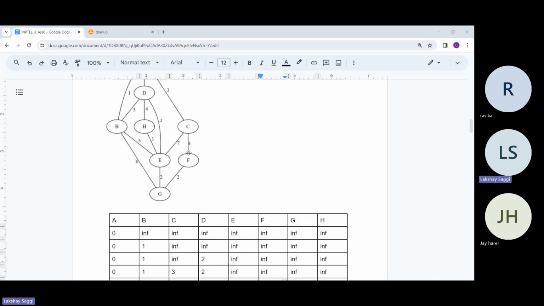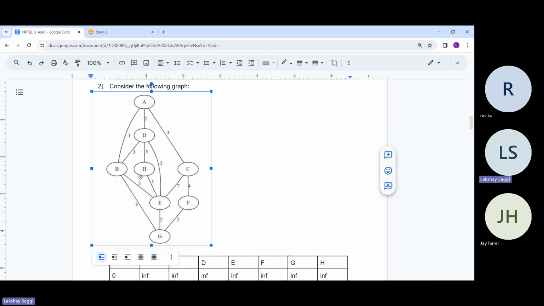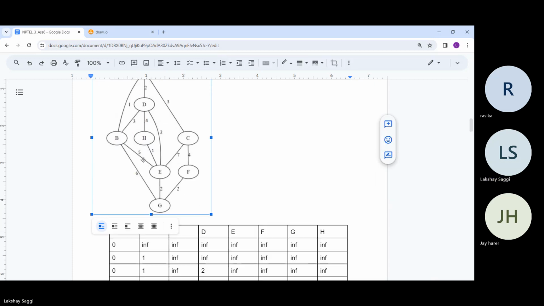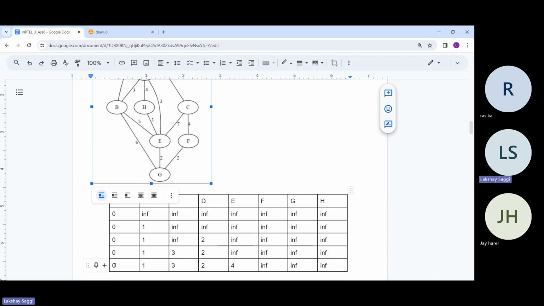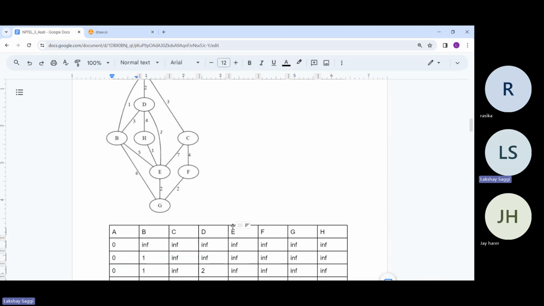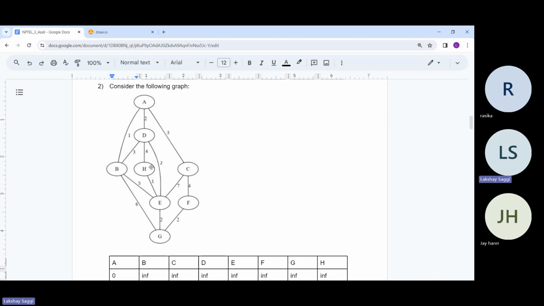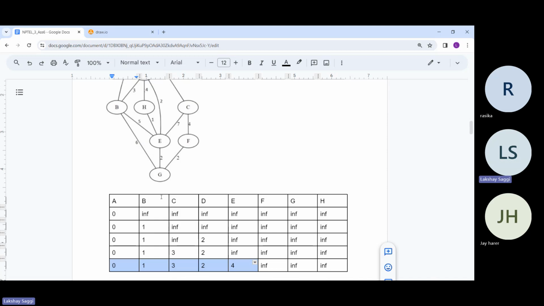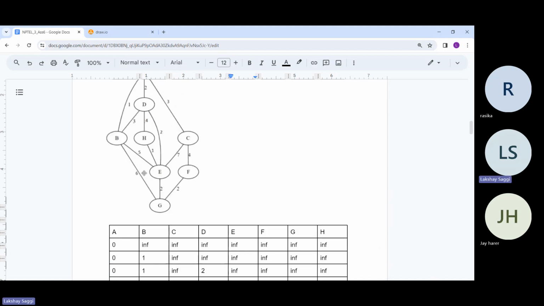So maybe we can find out for F first, or maybe we can find out the distance for H first. So the distance to H. So now note that we have visited the vertices A, B, C, D, and E. So we can consider all the neighbors of H which are amongst the set A, B, C, D, and E. So H has an edge to E here, with length 1, and E was at a distance of 4.